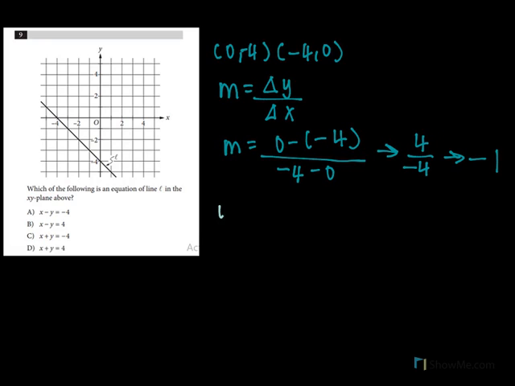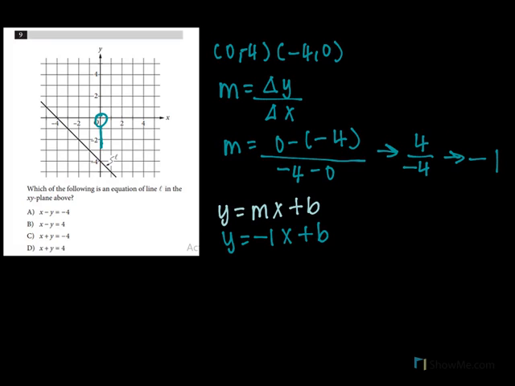Now we also know slope-intercept form is y equals mx plus b. Since we have our m, let's plug it in for now. y equals -1x plus b, and in order to find b, the y-intercept, we just see when x is equal to 0, at what point does the graph touch?